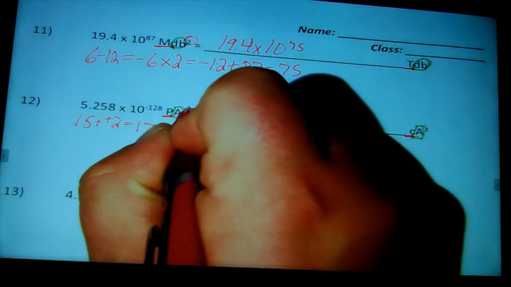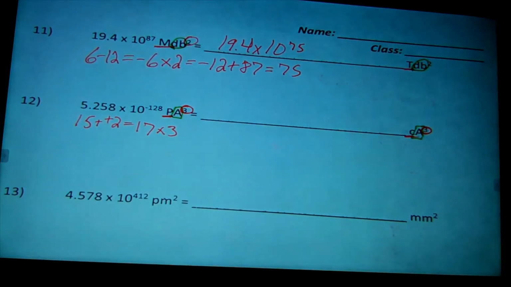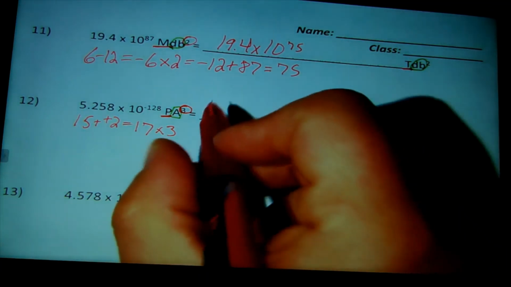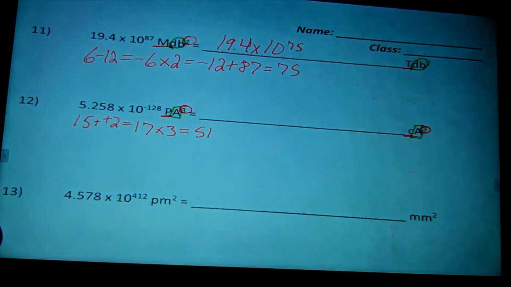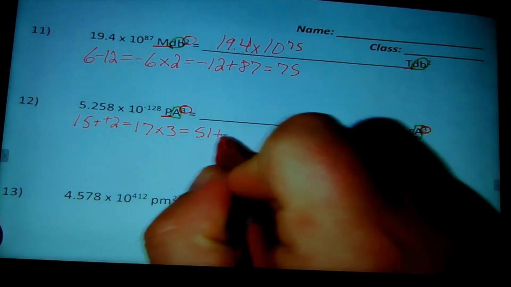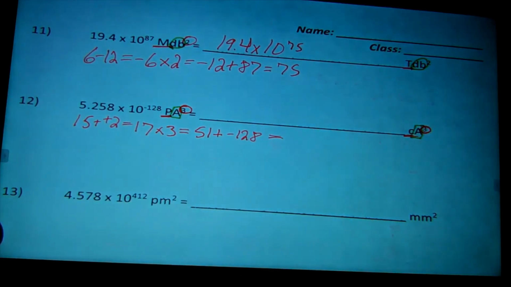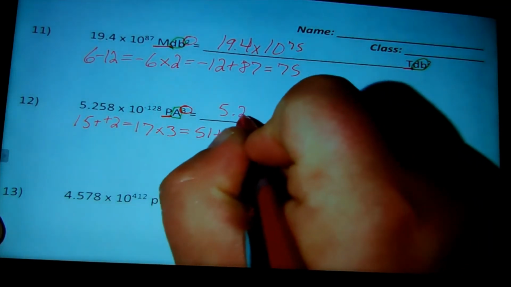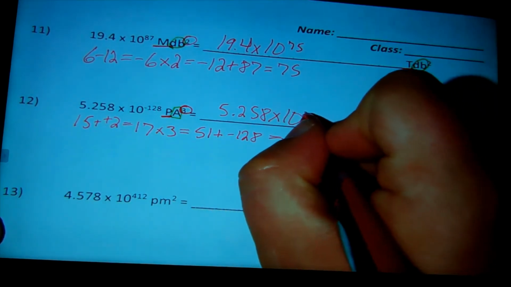The reason I'm multiplying by 3 is look at these units. They're cubed. 17 times 3 is 51. Then we add to it what we originally started with, so negative 128 gives us negative 77. So 5.258 times 10 to the negative 77.